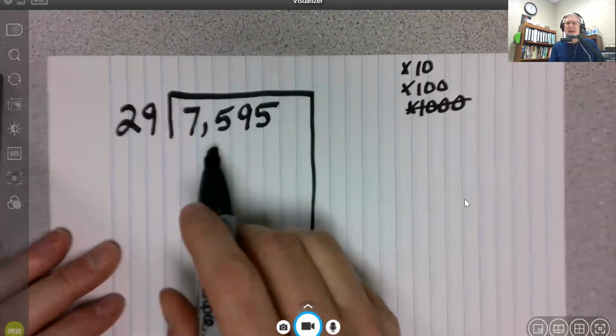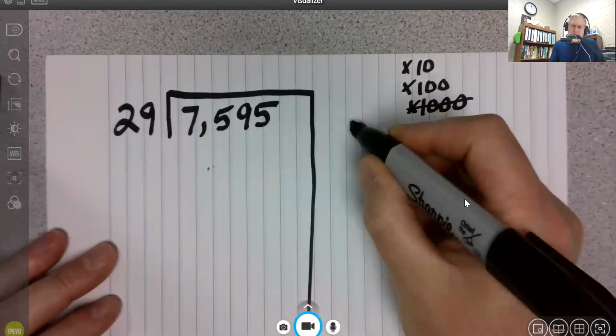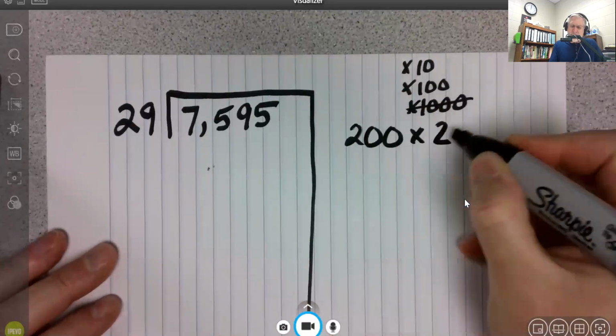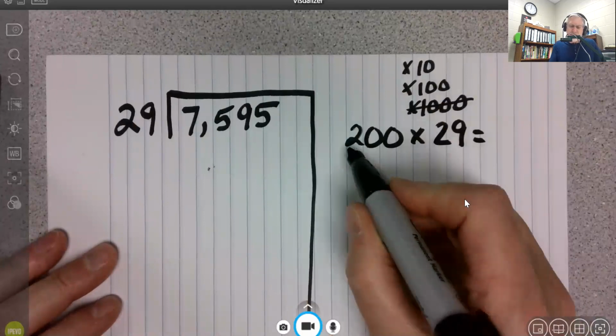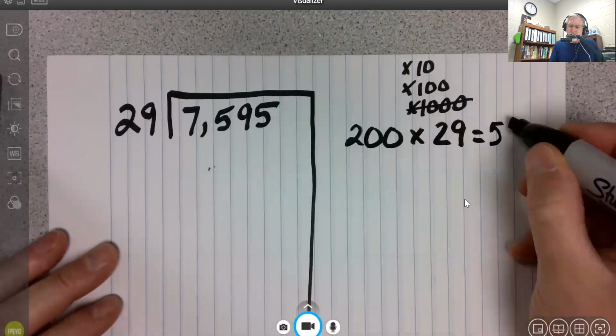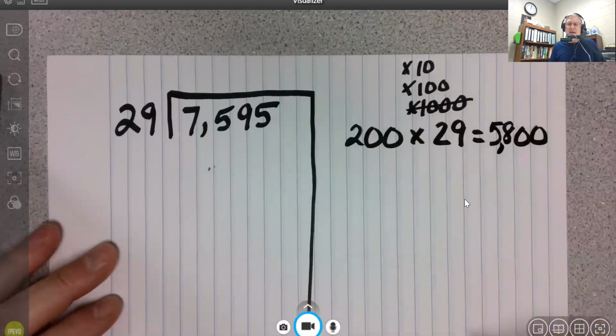2,900 is not really that close to that. So I think I can do 200 times 29. So 200 times 29 would be 2 times 29 first, and that would be 58. And then add my 2 zeros, which would be 5,800.